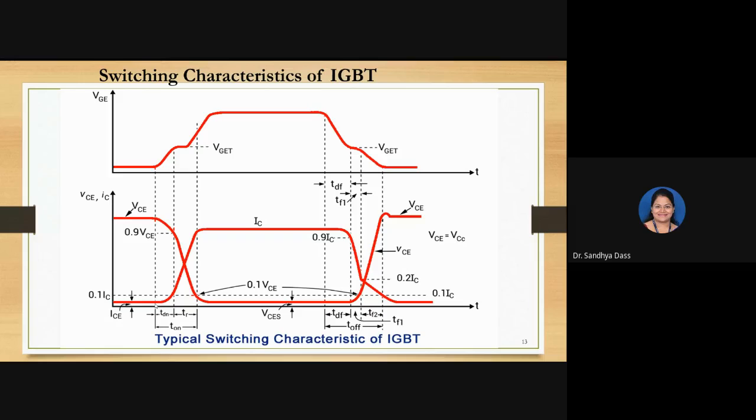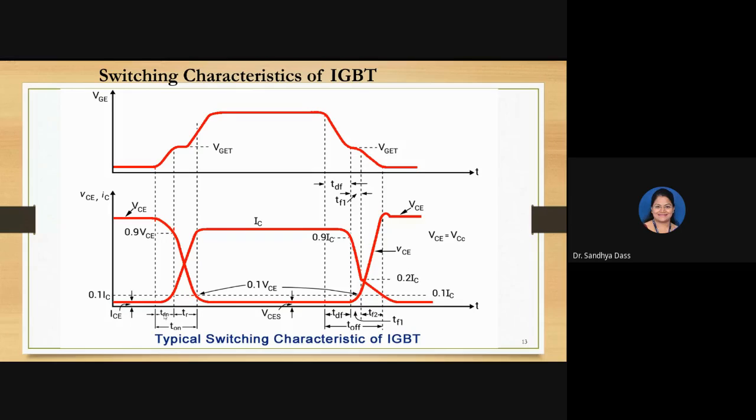It rises from the leakage current, ICE, to 0.1 of IC, that is 10% of its maximum or final value. So the time taken for the collector current to rise from leakage current to 10% of the collector current is the turn on delay, represented as TD on.